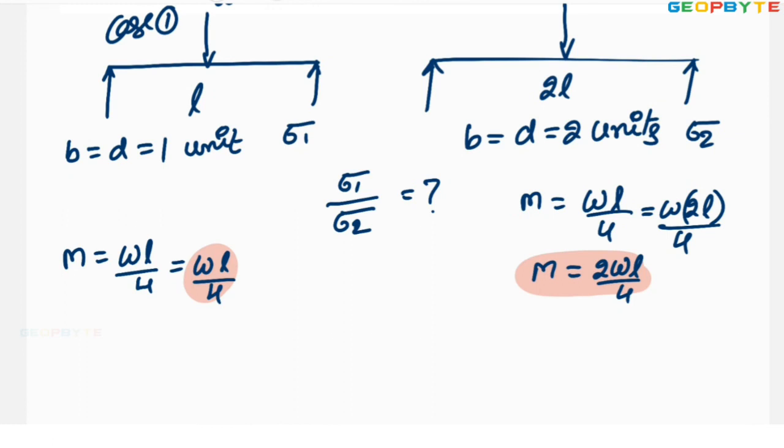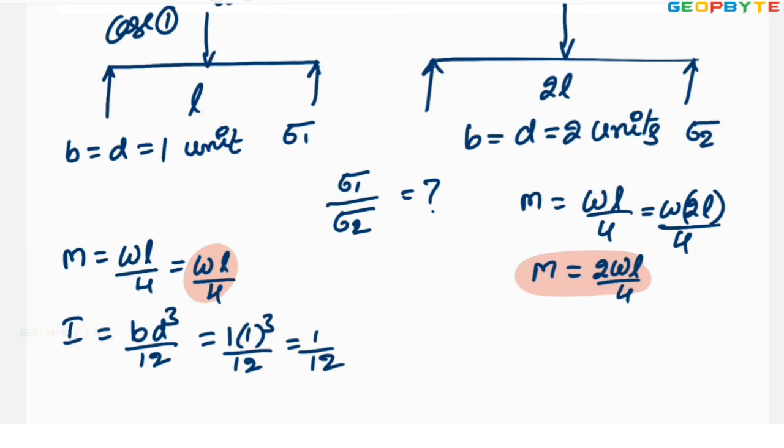Right. Now I equal to BD cube by 12. Here B equal to 1, D equal to 1, cube by 12. It is equal to 1 by 12. For this case, I equal to BD cube by 12. Formula remains same, but B equal to 2, D equal to 2, cube by 12.